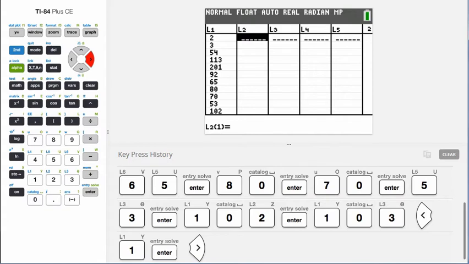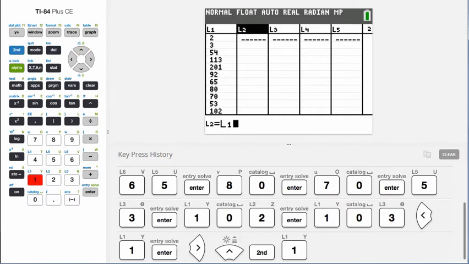This is where I'm going to take each data point and subtract the mean. Instead of typing in 2 minus 78, then writing that number down, 3 minus 78, then writing that number down, and so on, I'm going to arrow up so that L2 is highlighted. Once L2 is highlighted, I'm going to type in L1, which is second, 1, minus 78, because that's what we found to be the mean.